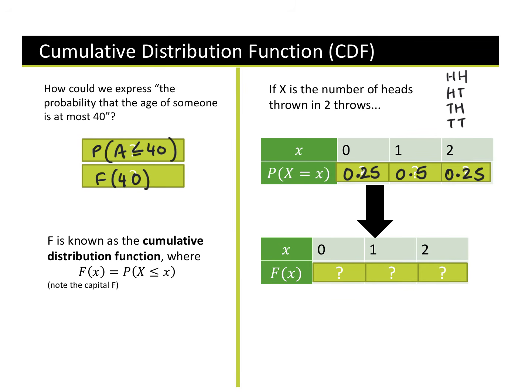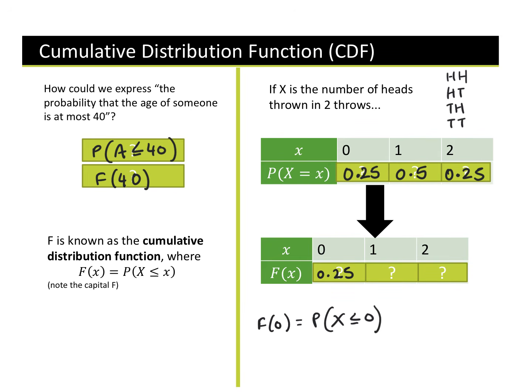Perfect. Okay, now, our F of x is practically our cumulative frequency. So, the probability of F of 0 is 0.25. And remember, F of 0 means the probability of our x being less than or equal to 0.